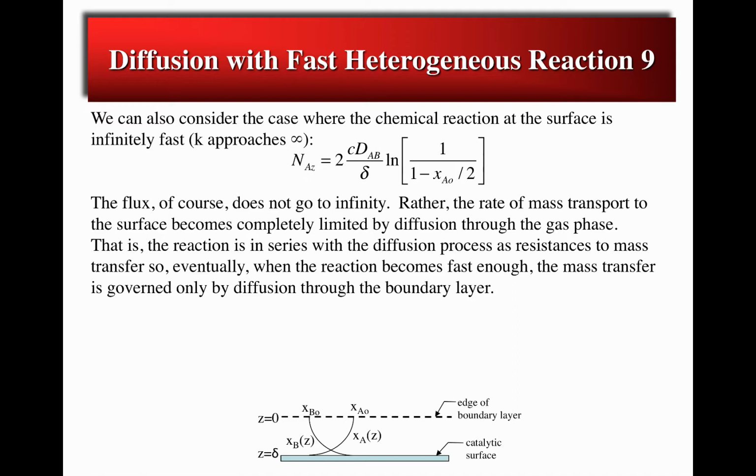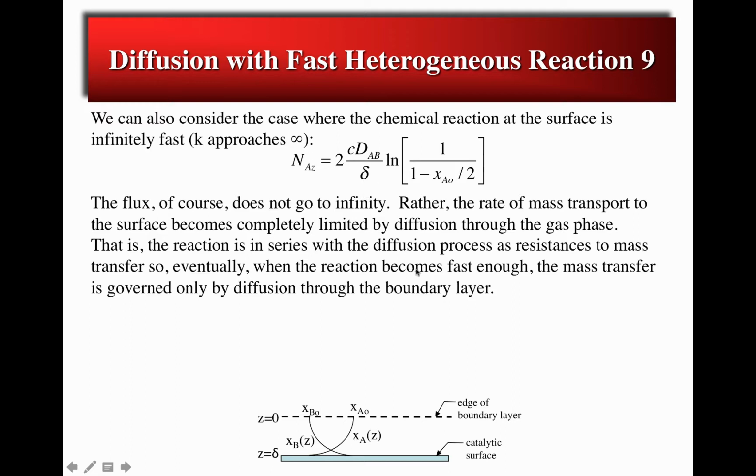What's happening in this case is as that surface reaction gets faster and faster, the flux becomes more limited by diffusion through the gas phase to reach the surface. And this corresponds to the limit where the rate of conversion of A to B at that catalytic surface is entirely limited by the ability to bring A to the surface to undergo reaction through that diffusion boundary layer.